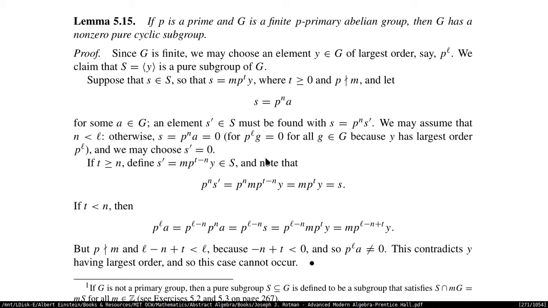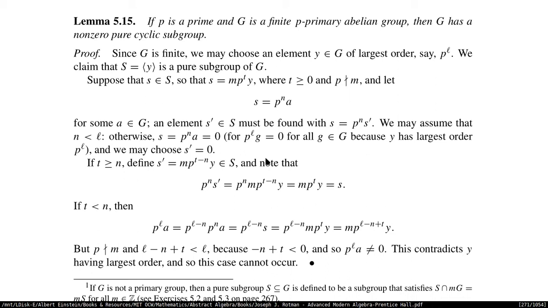And we are now going to prove this, but as it looks to me, it's not too difficult. You just have to apply the definition of the pure subgroup part and the p-primary abelian thing, right?